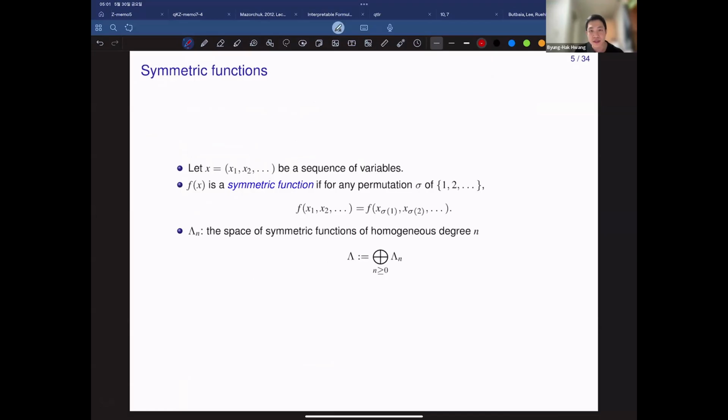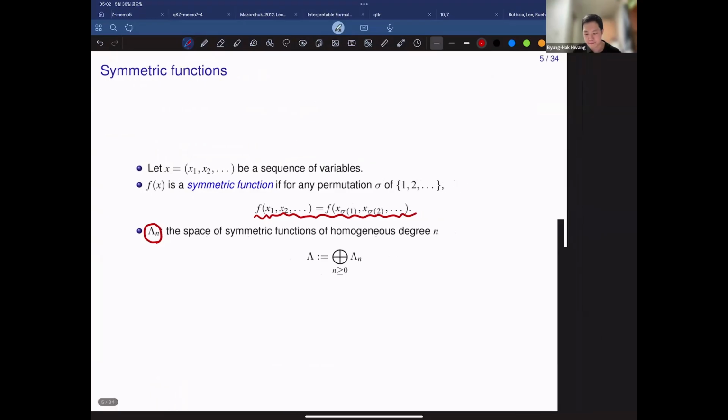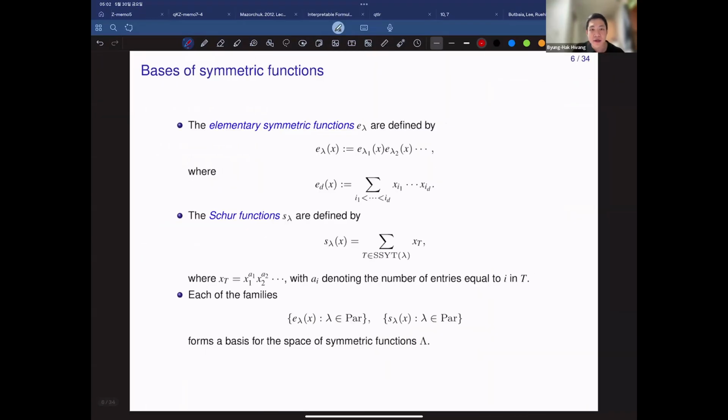A symmetric function is a formal power series which satisfies these conditions. We denote by lambda sub n the space of symmetric functions of homogeneous degree n. There are many well-studied bases of this space, and in this talk, we only consider the following two bases.